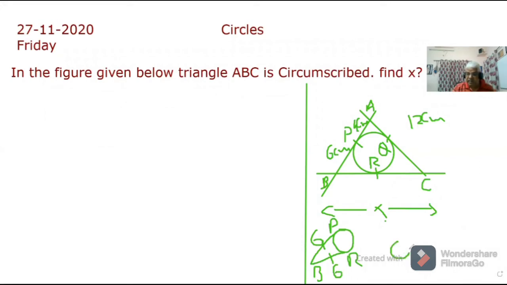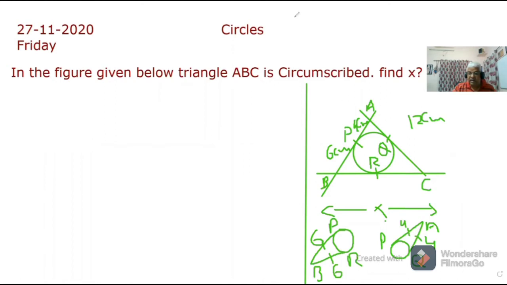Next, the second one. See how easy the lesson is; you have to observe and concentrate here. Now I take PAQ. PA is 4 centimeters and AQ will also be 4 centimeters, because they are tangents drawn from the external point of the circle.